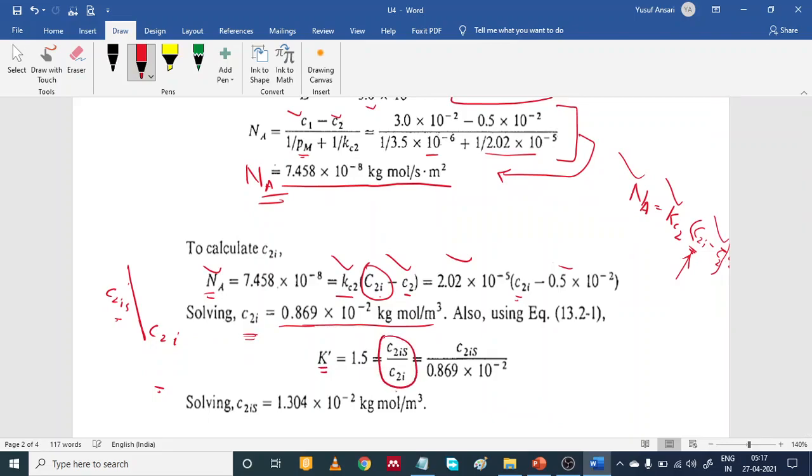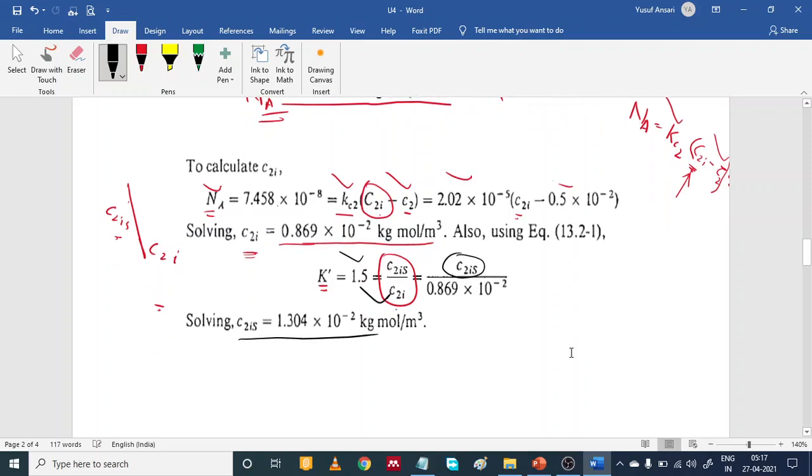K dash is given as 1.5, and C2i is also known. So just find out C2is, which can be calculated as 1.03 into 10 to the minus 2 kg mole per meter square. In this way we have found everything for the given problem.